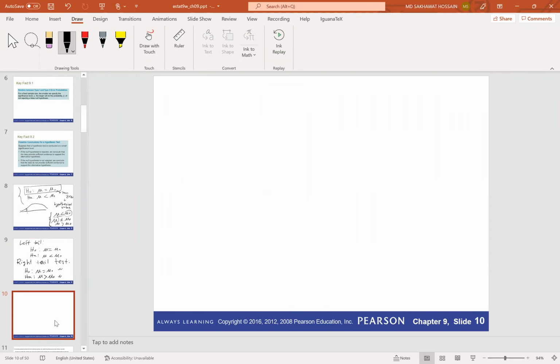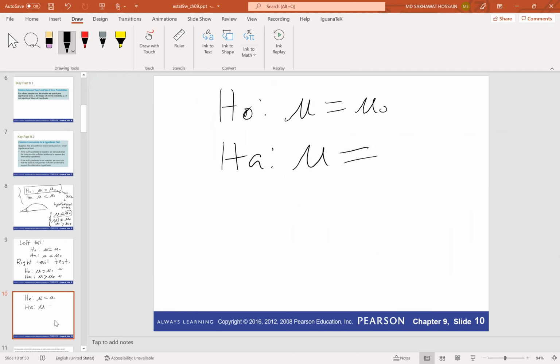We have one more test, where H0 is mu equal to mu0, and the alternative is mu is different from mu0. That means we just want to see whether the population mean is different from this specific value or not. That's the purpose of this hypothesis test.